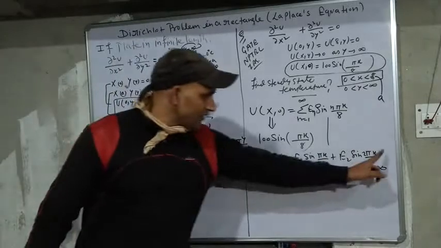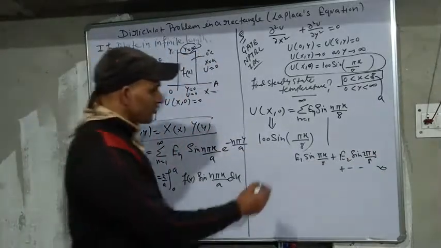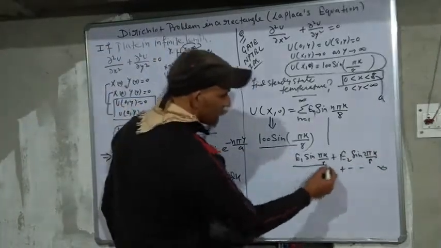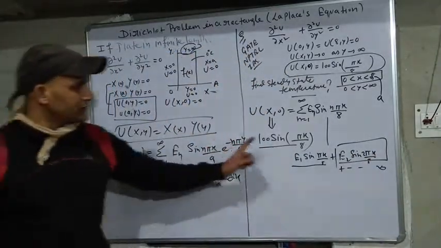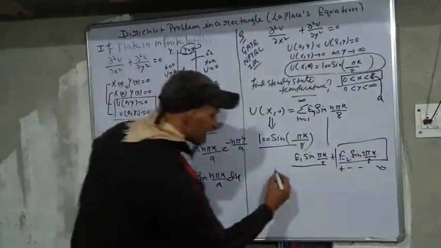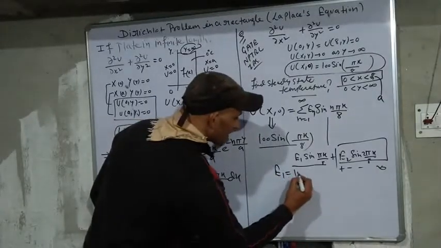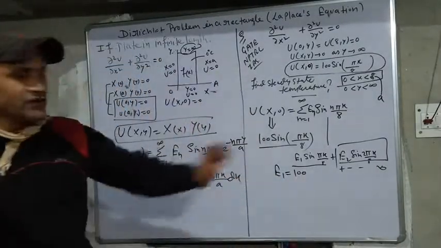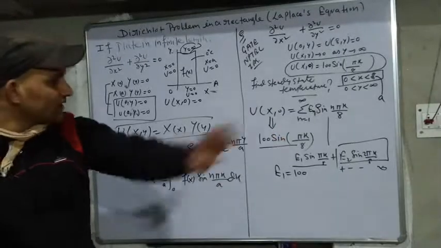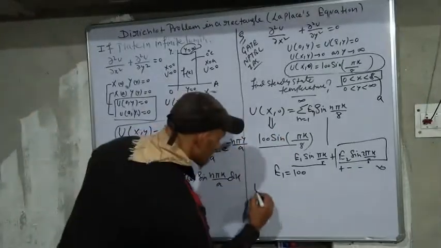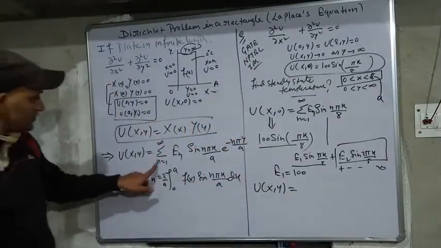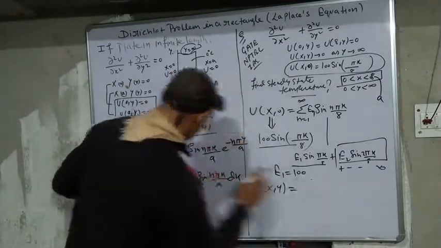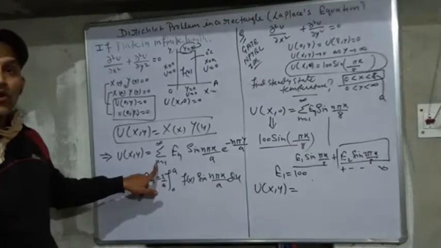So now you can see that this value and this value are both similar, and the rest is 0 because there is no such value. Left side is equal to right side. It means that your E1 is equal to 100 and the rest of the values E2, E3, E4 are 0. So your u(x,y) is equal to the sum, which will also cancel now because all other values are 0.